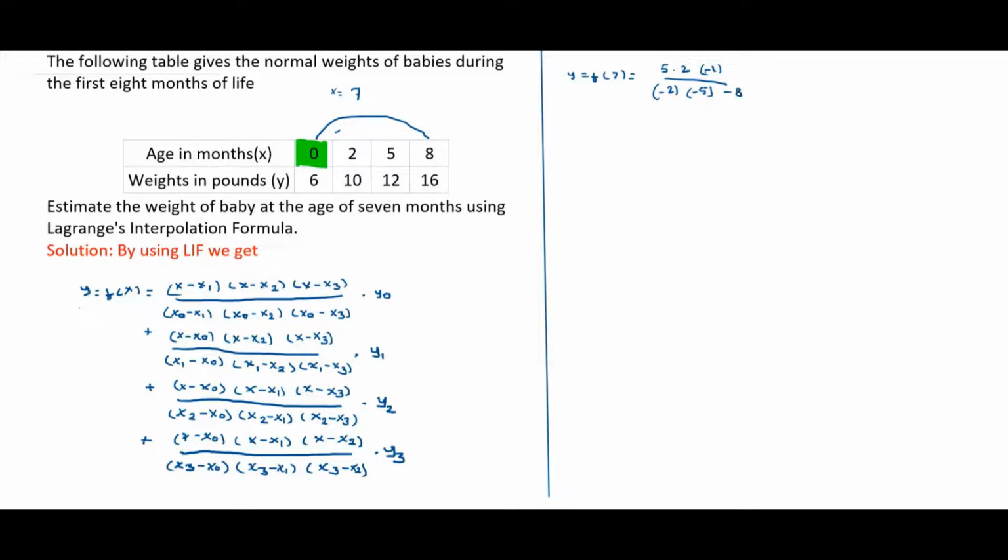And now write down the first value of y. The first value of y is equal to 6, that is into 6 plus.